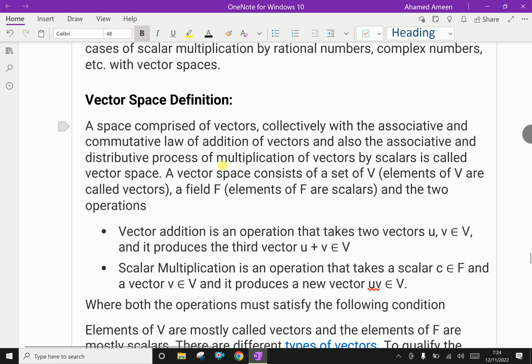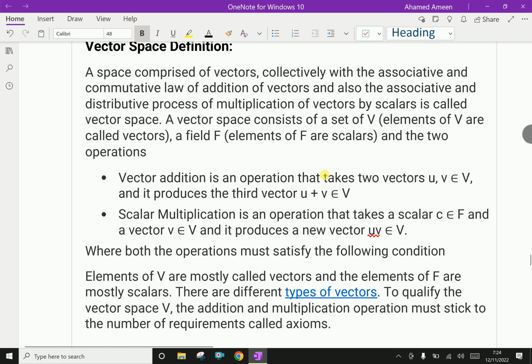A vector space consists of a set V, whose elements are called vectors, and a field F, whose elements are scalars. Normally we keep the set V as the elements, all vectors, and the field F, whose elements are scalars, and two operations.